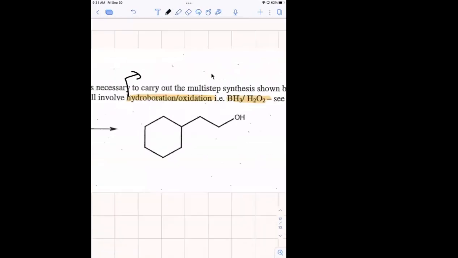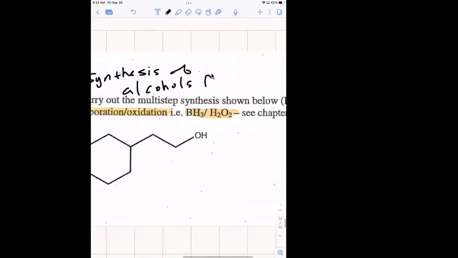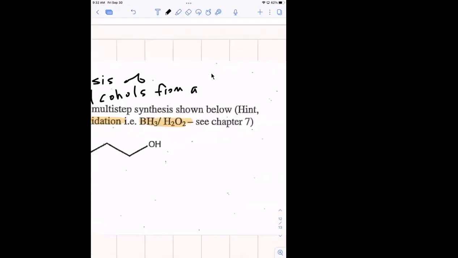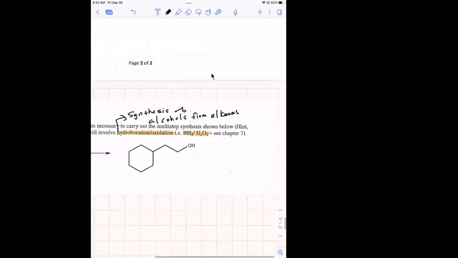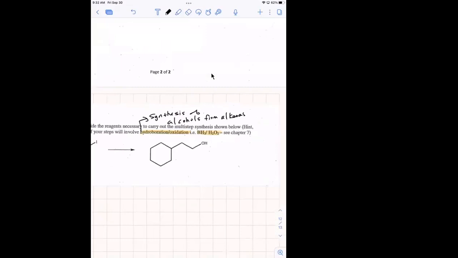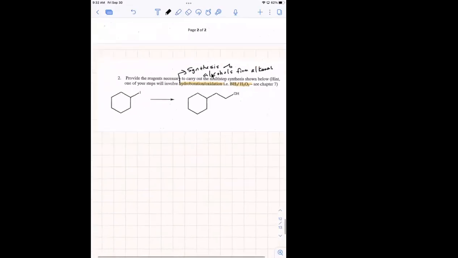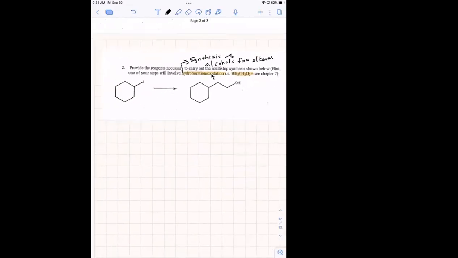So this is a way to synthesize alcohols from alkenes, all right?